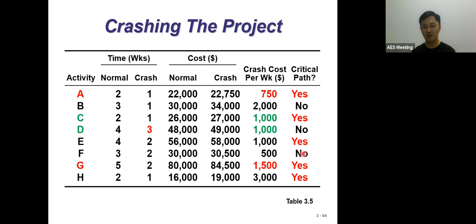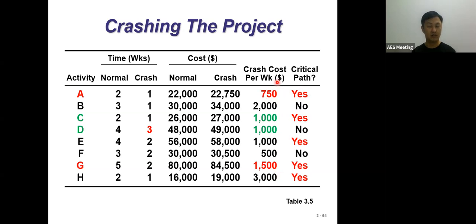This is wrong, so we do not consider it, and we go for the other activities: activity A, activity C, activity E, activity G and H. We have 750, 1,000, 1,000, G is 1,005, and 3,000 for activity H. What are you supposed to do here? Very simple. Among these 5 activities, which one is the lowest? 750.